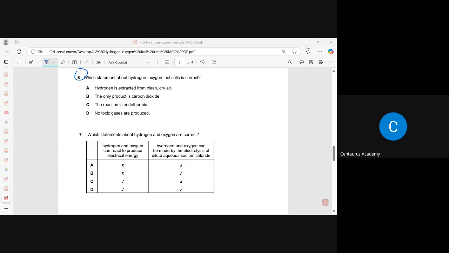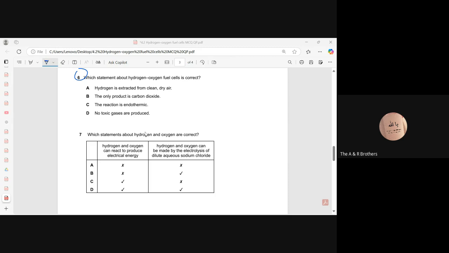Hydrogen is extracted from. Where is hydrogen extracted from? Why is option A not the correct option? Miss, I'm just going to make a guess. Is it from acids? Anyone else?